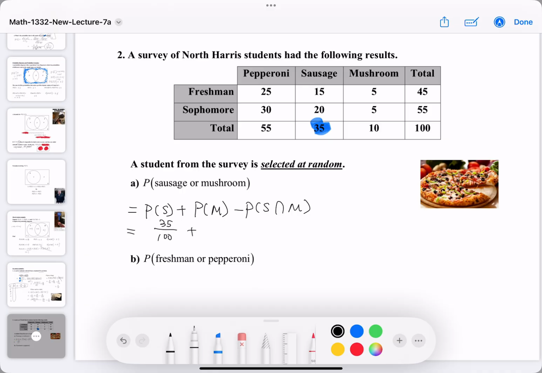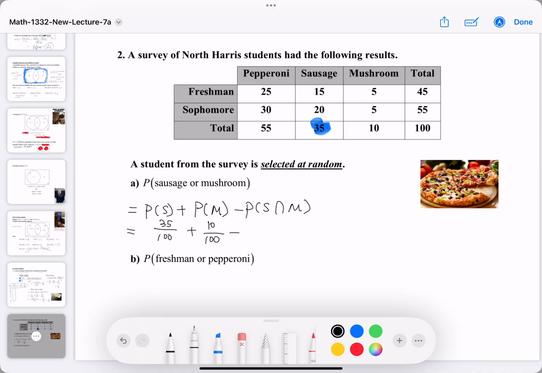What is probability of mushroom? Mushroom is 10. So 10 over 100. And minus P of sausage and mushroom. No student can select two different pizza toppings. So they can only select sausage or mushroom.